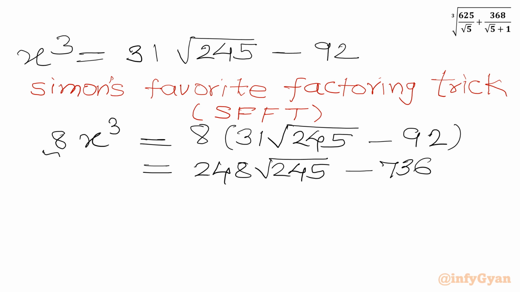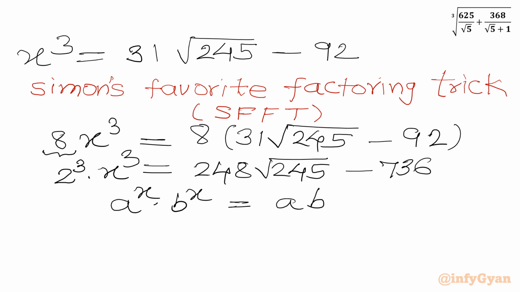Now this 8 we can write as 2 cube times x cube. Now we know the property from exponents: a power x times b power x will be equal to a times b whole power x. So we can write LHS as 2x whole cube.